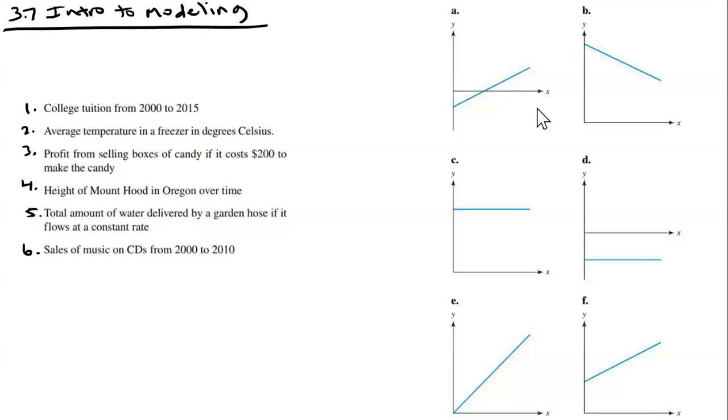So A, B, C, D, E, or F. Which one will represent college tuition from 2000 to 2015? Okay. Most people are picking F.